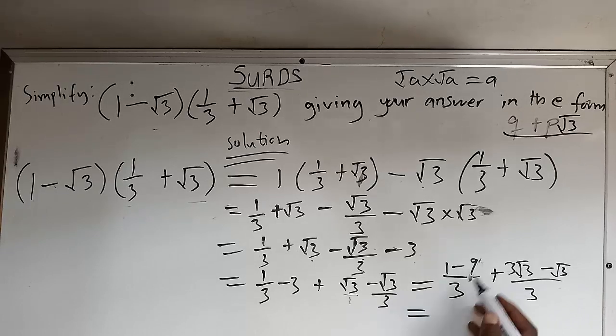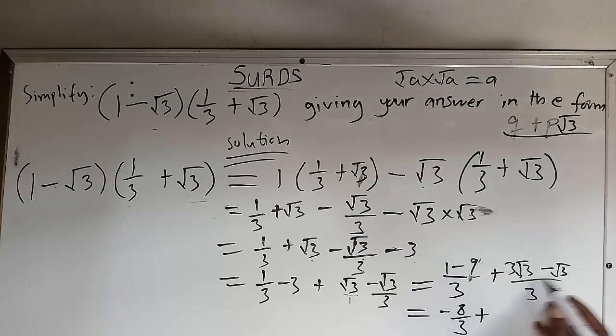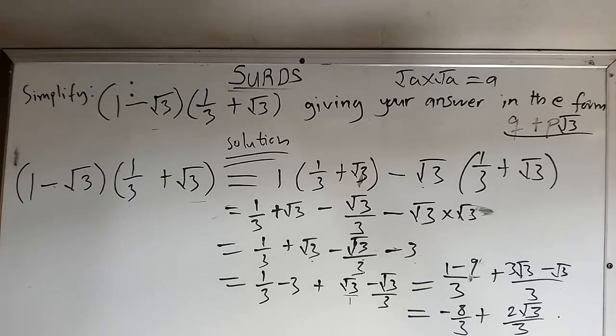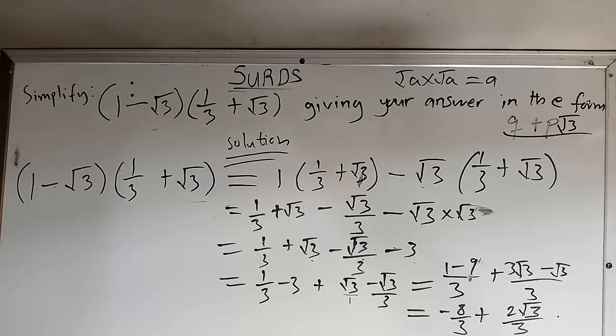So this simplifies to negative 8 over 3 plus 3 root 3 minus root 3 is 2 root 3 over 3. So we have Q being equal to negative 8 over 3 and P equal to 2 over 3.